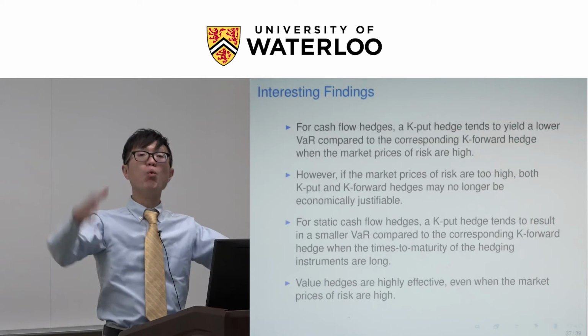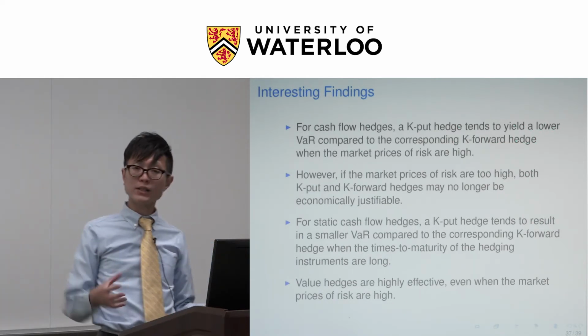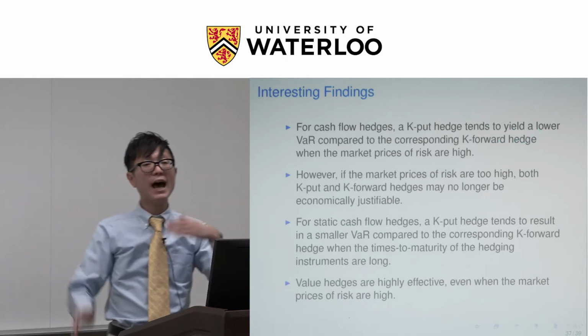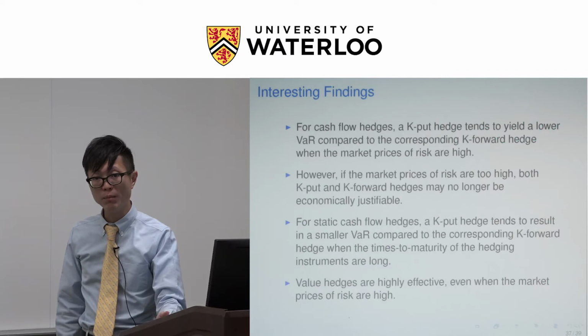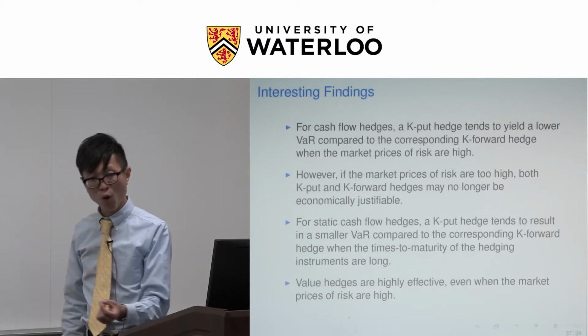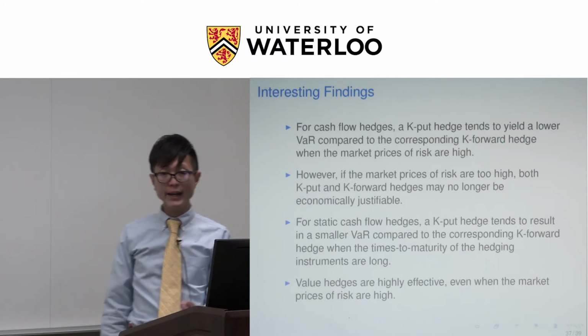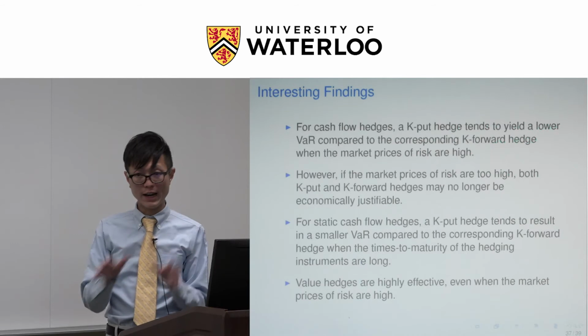So what is the intuition behind this? Think about it. For a K-put, as a hedger, you are only paying risk premium for your downside risk. But for a K-forward, you are paying risk premium for both upside and downside risk.